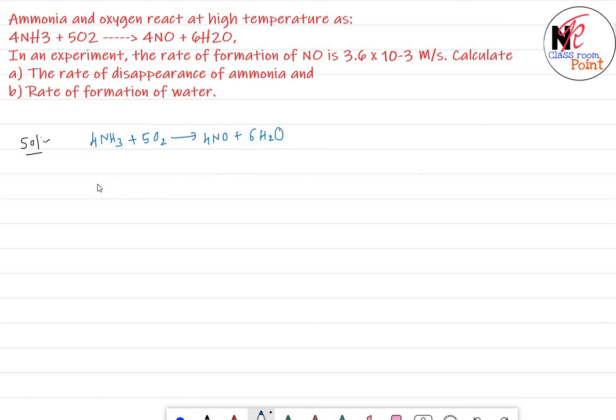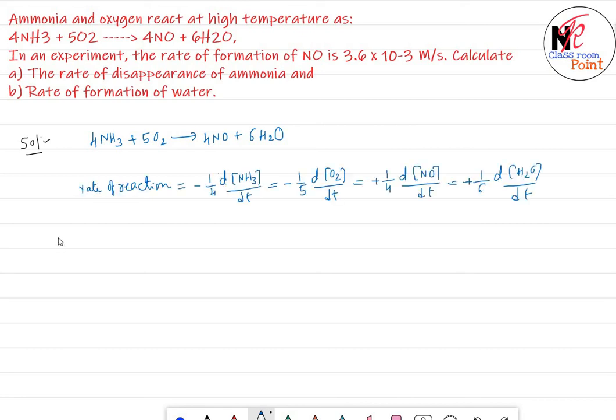The rate of formation of NO is given, and they are asking the rate of disappearance of ammonia. So for the first question, the comparison is between only these two.